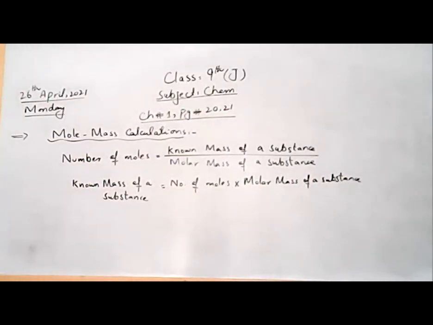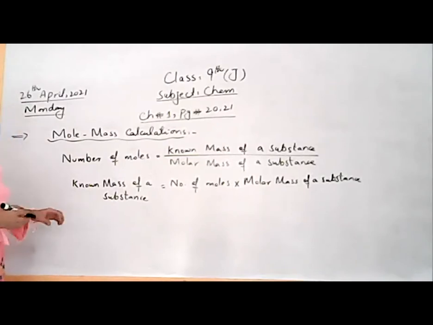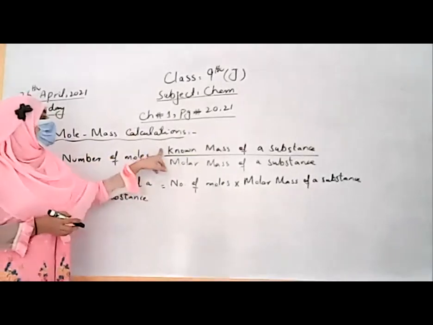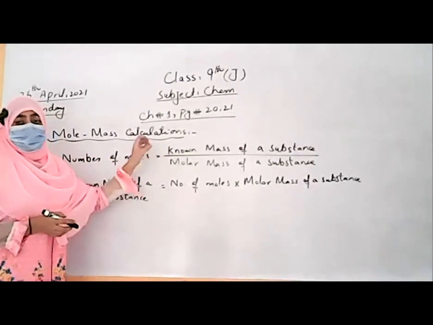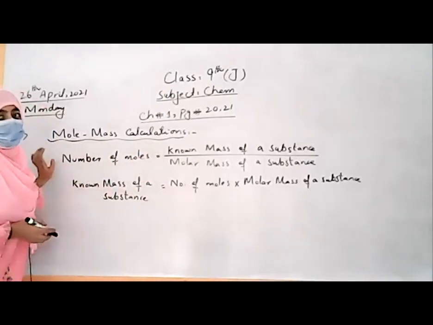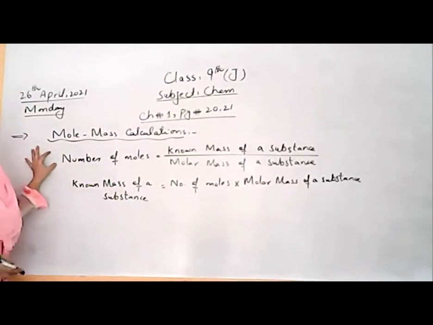And the question is which formula will be applied. It depends on the data. If in the given statement the given mass of a substance is given, then we have to find the number of moles and use the first formula for putting that data.